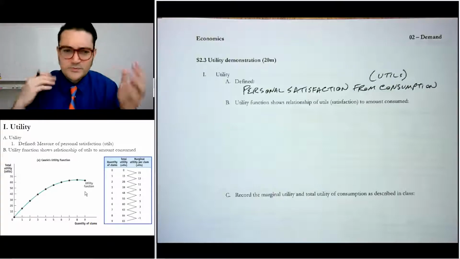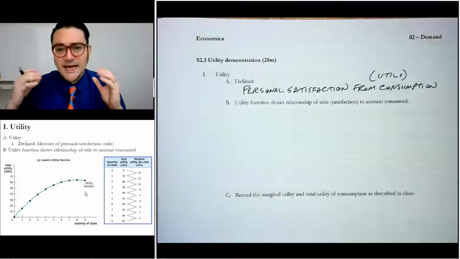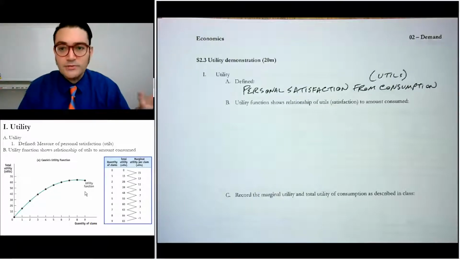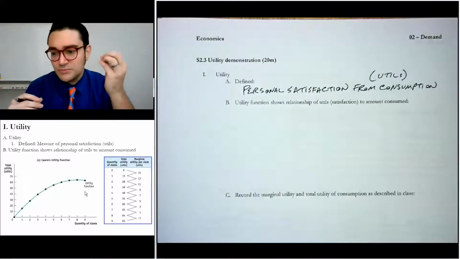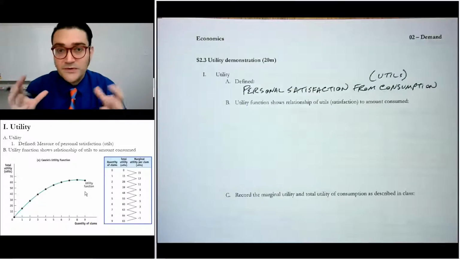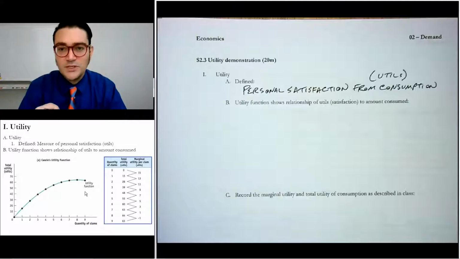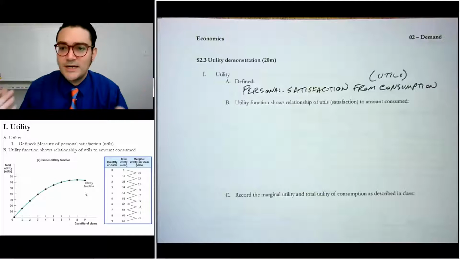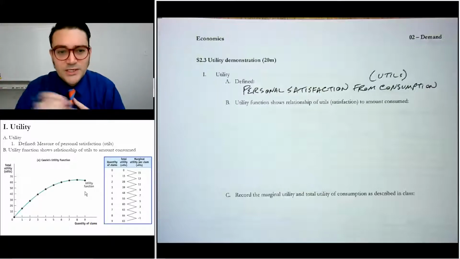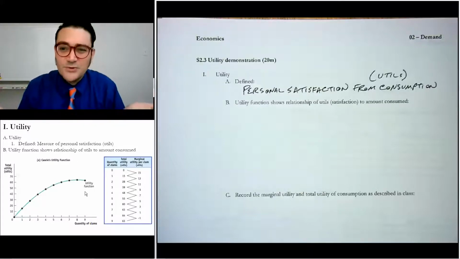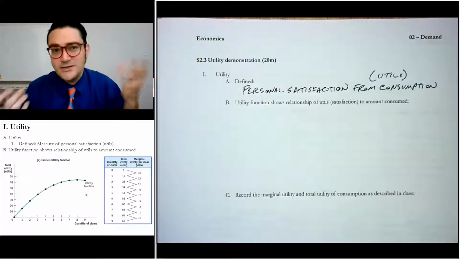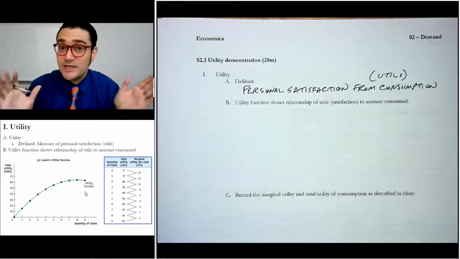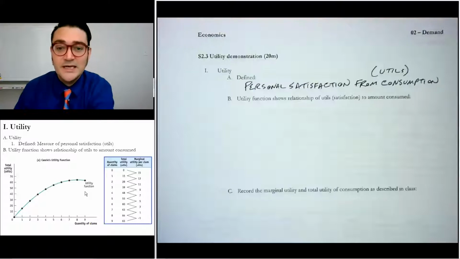What we observe is that as you consume more of a good, generally every time you consume, let's say you have donuts in front of you. You eat the first one, and assuming you like donuts, you'll get a substantial amount of utils. Then you consume the next one, and you might get a little bit fewer utils out of that one because you've had the first one already, and they're all the same donuts.